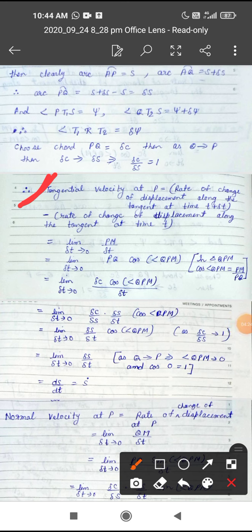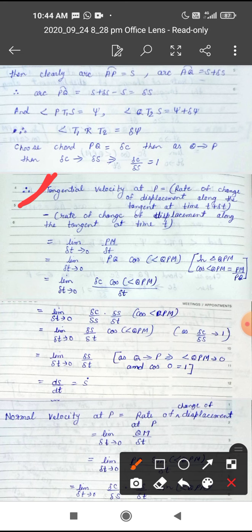Therefore, the tangential velocity at P is equal to the rate of change of displacement along the tangent at time t plus delta t minus the rate of change of displacement along the tangent at time t. That is, limit delta t tends to 0, PM divided by delta t.